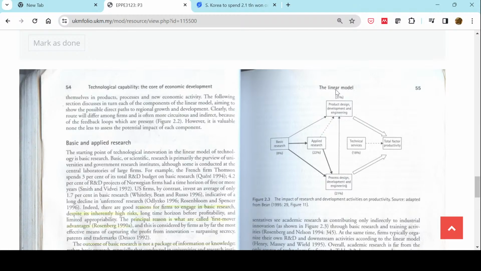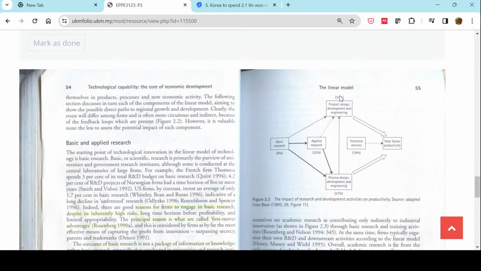The title of the figure here: the impact of research and development activities on productivity. If we look at total factor productivity, basic research contributes 8%, and this will feed into the product design, development and engineering, which is 31%.